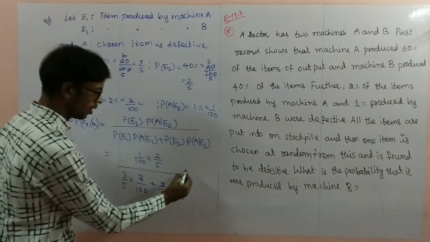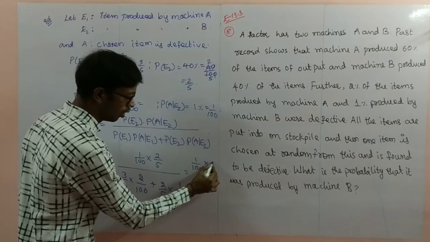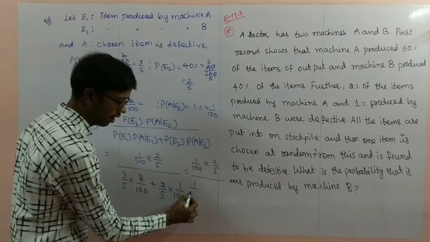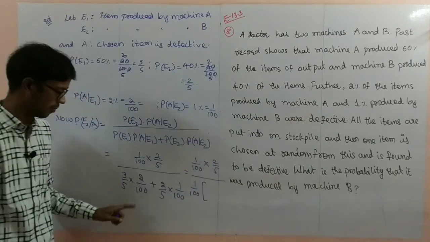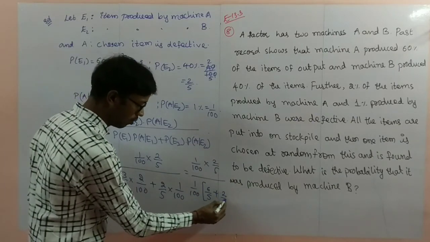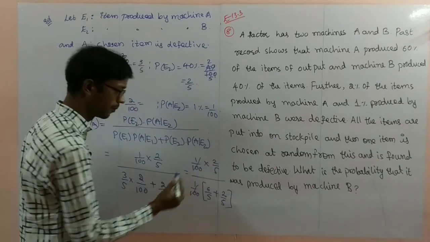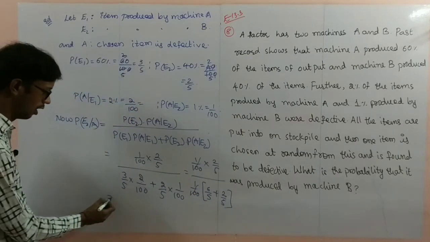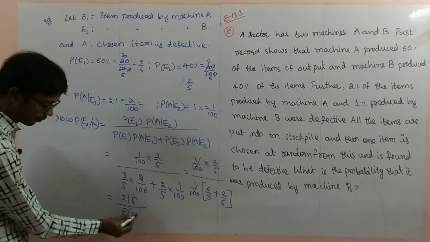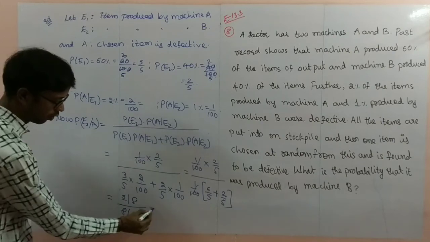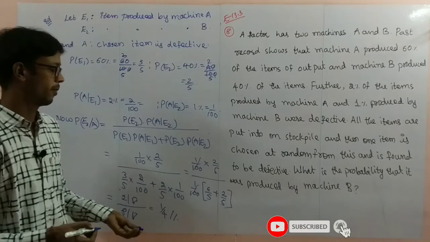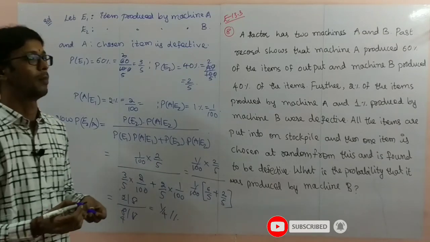Divided by, taking 1 by 100 common here, 3 twos are 6, 6 by 5 plus 2 by 5. Cancellation, 1 by 100 and 1 by 100 cancel, 2 by 5 divided by 8 by 5. Cancel, 2 ones are 2, 2 fours are 8, 1 by 4 is the required probability. Required probability is 1 by 4. So pause the video to note it down.